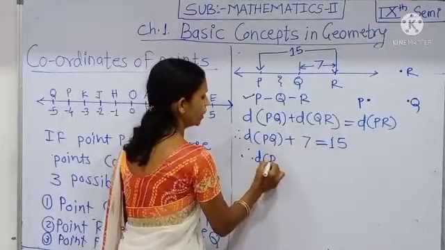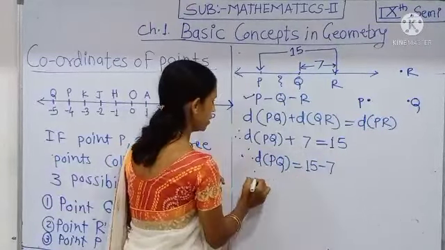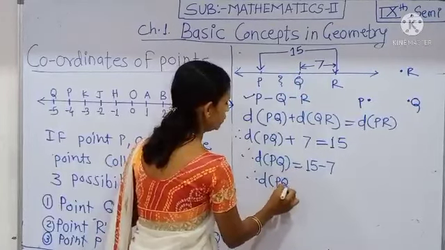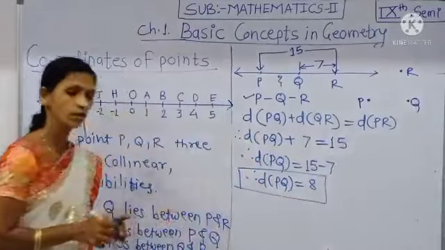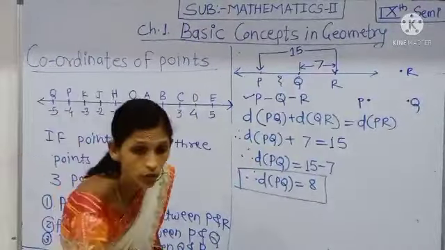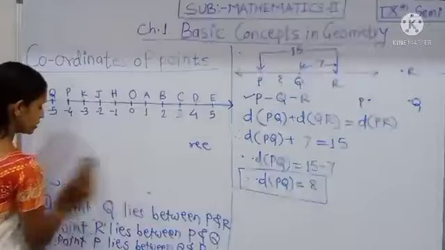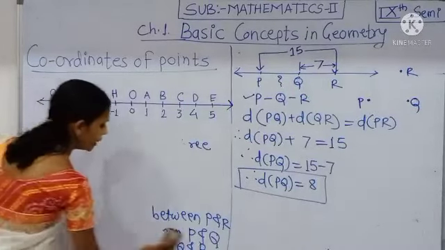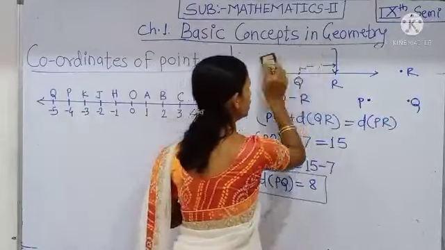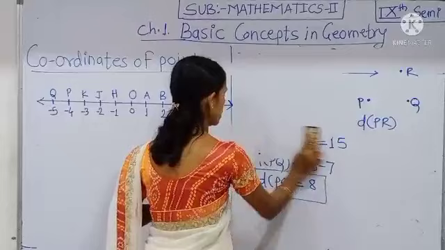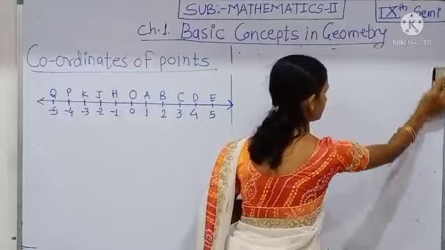Therefore the distance between PQ is 15 minus 7, so the distance PQ is 8. That is about the distances between given points and the betweenness property.